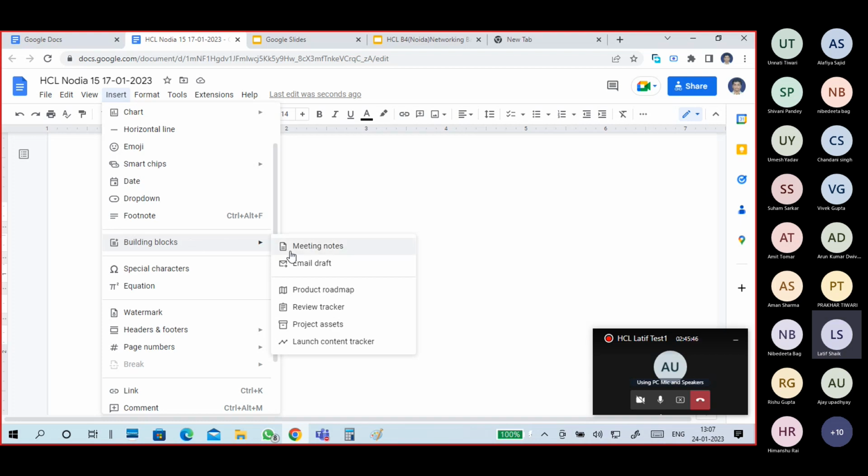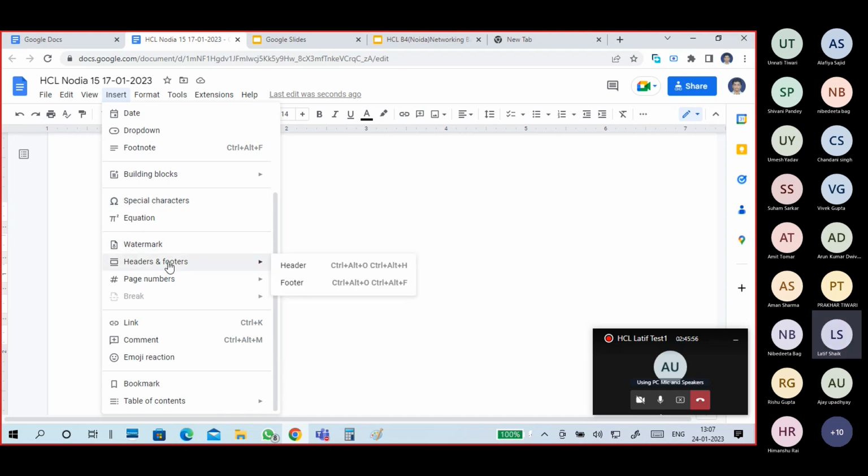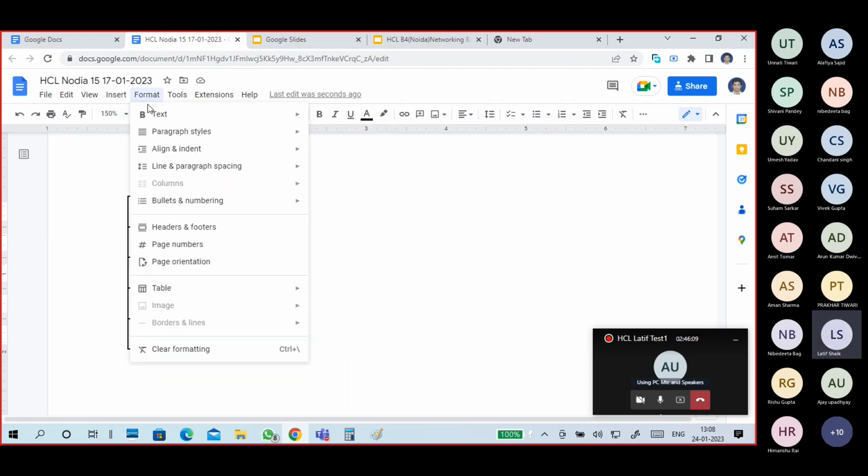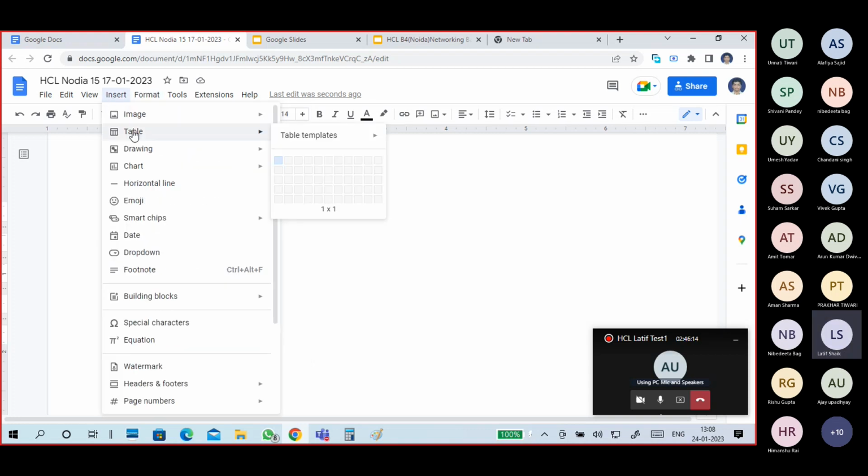Building blocks, meeting notes, email drafts, product maps, view trackers, launch, special characters, equations, watermarks, header footers, page numbers, links, comment, emoji reactions, table of contents. So many are there. But I don't want both things. I just want one chart, bar, column, line, pie from sheets.